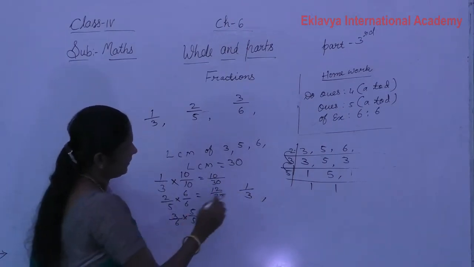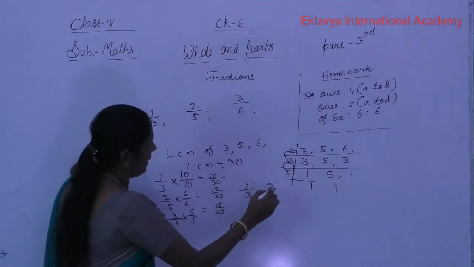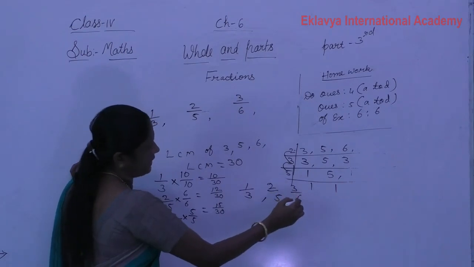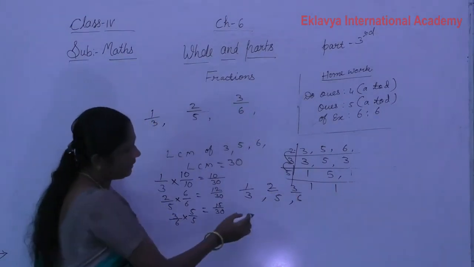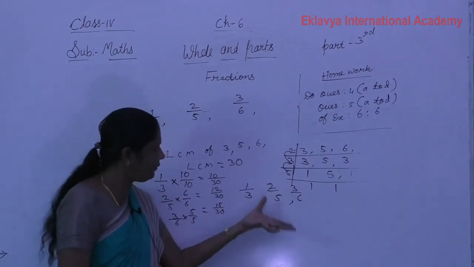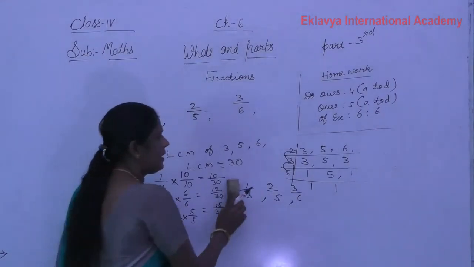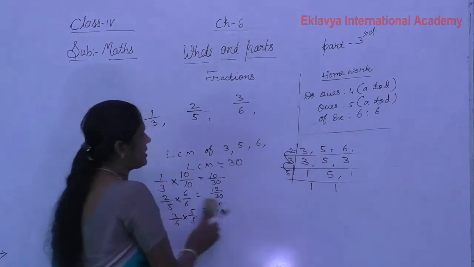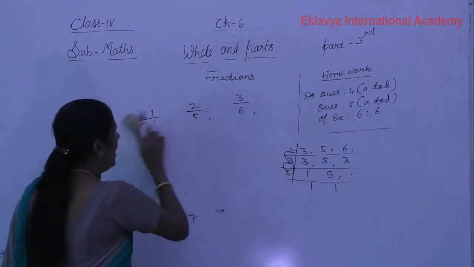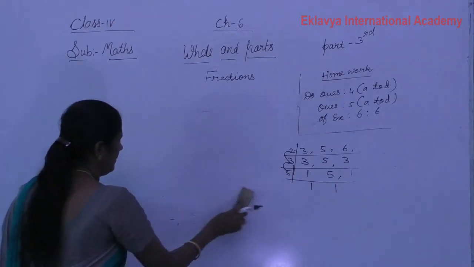Then 2 by 5. Then 3 by 6. Which is the descending order? 3 by 6, 2 by 5 and 1 by 3. This is the ascending and descending order of unlike fractions.